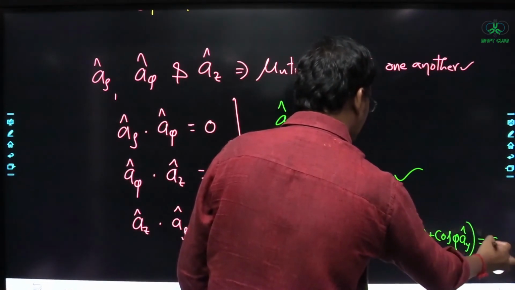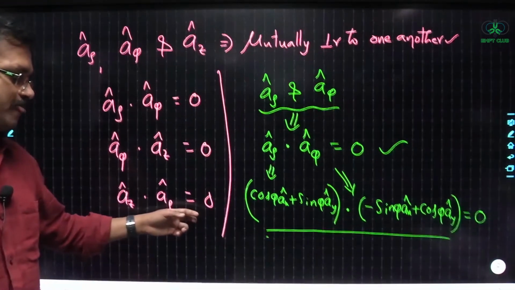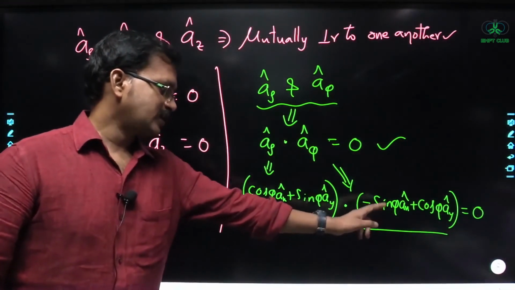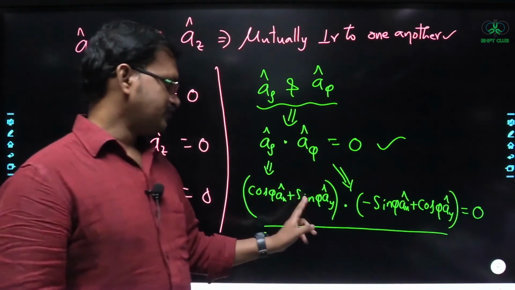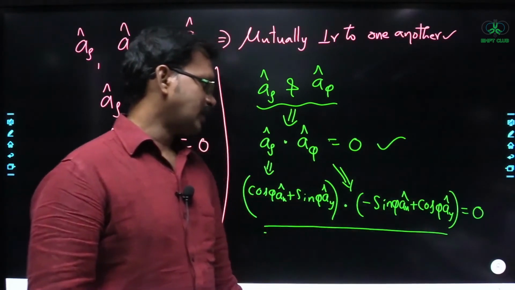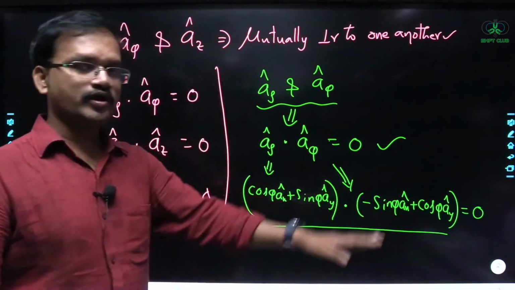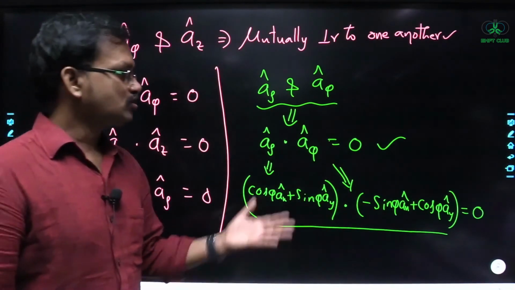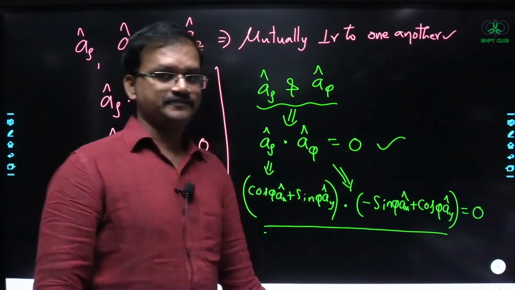If you do the dot product, you get 0. Cos phi ax cap dot minus sin phi ax cap is minus cos phi into sin phi, and sin phi ay cap dot cos phi ay cap is plus sin phi into cos phi. If you add these two, you get 0, and hence our expressions are correct.